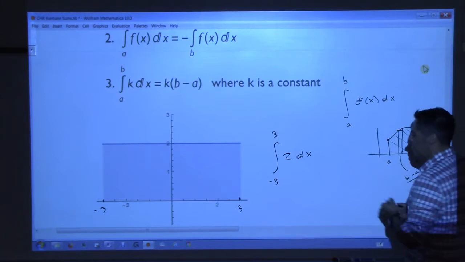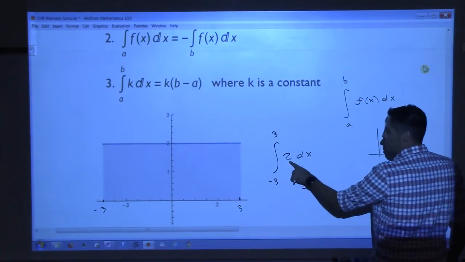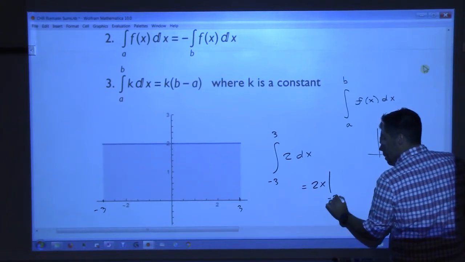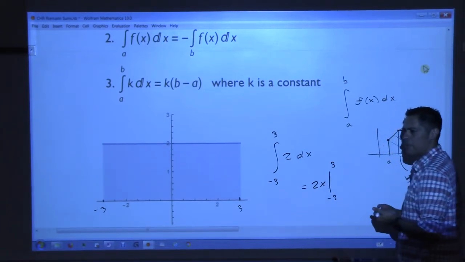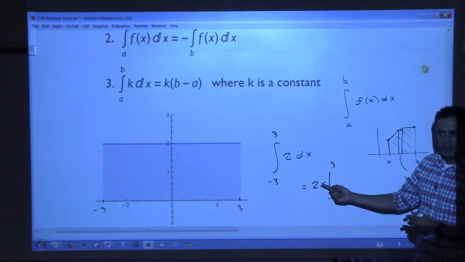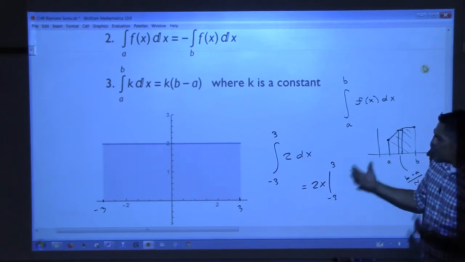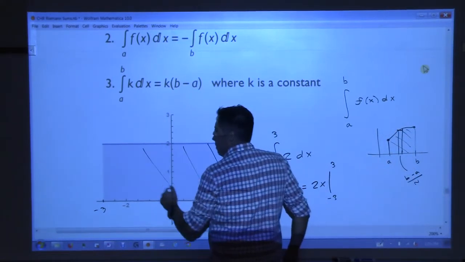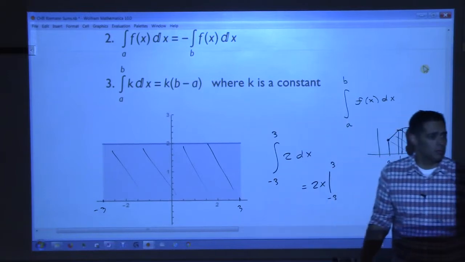So if we're integrating that, the antiderivative of 2 is what? 2x. Then we put that bar here, and we put -3 and 3. Then we plug in 3, we plug in -3, yes? Subtract. Well, this is saying, look, since it's a constant function, you're just finding the area of a rectangle, aren't you?